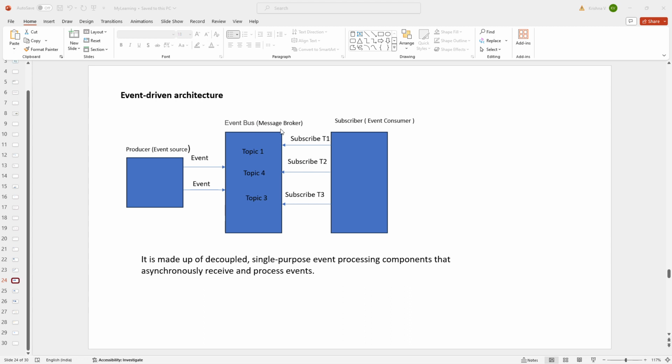The mediator is used when multiple steps need to be orchestrated within an event bus through a central mediator. On the other hand, broker is used to chain events together without using a central mediator.